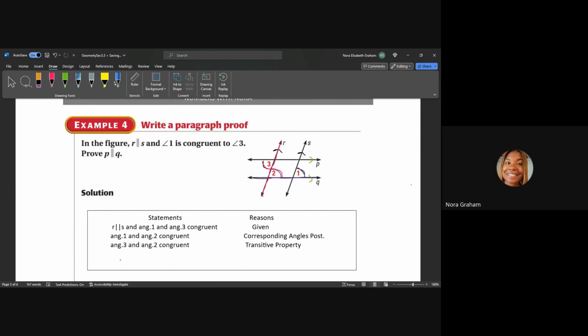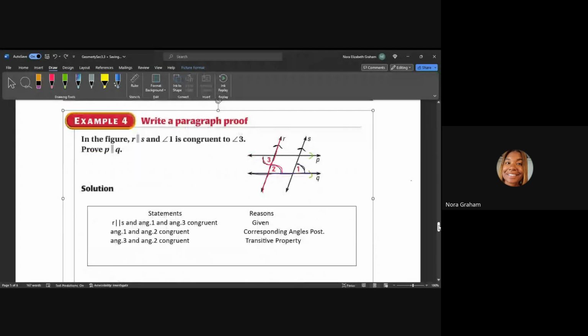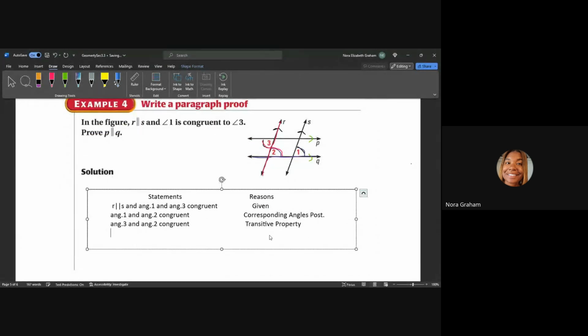So now I'm going to use that converse theorem that we learned before. I can say P is parallel to Q, and our reason is the alternate interior angles converse theorem. And that proves what they asked us to prove.